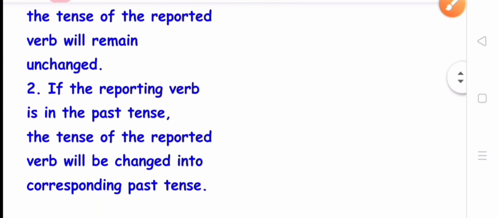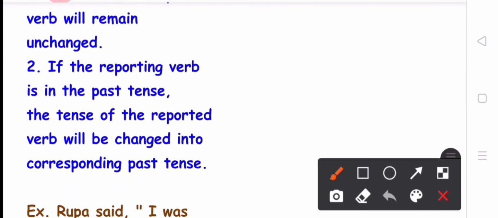And if the reporting verb is in the past tense, then the tense of the reported verb will be changed into the corresponding past tense.